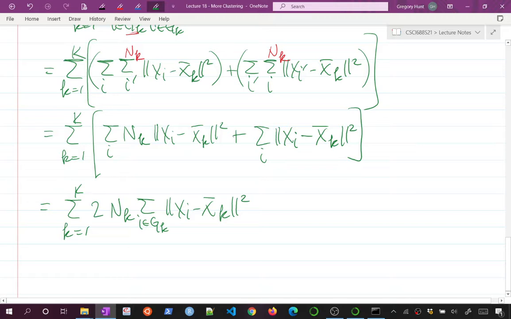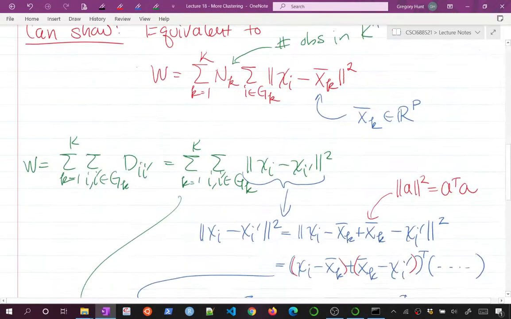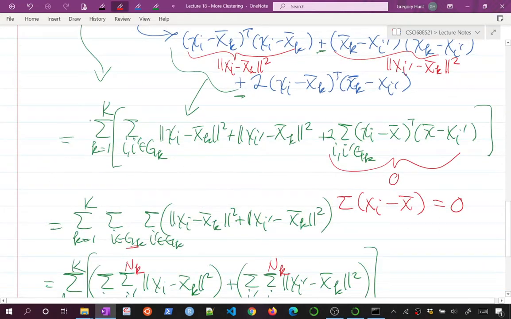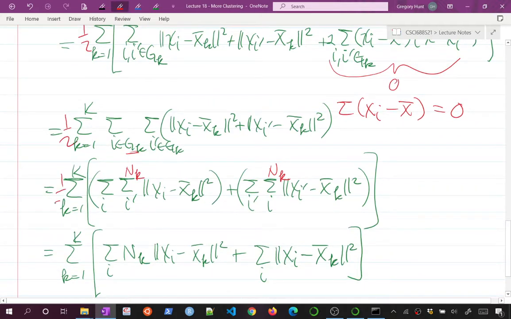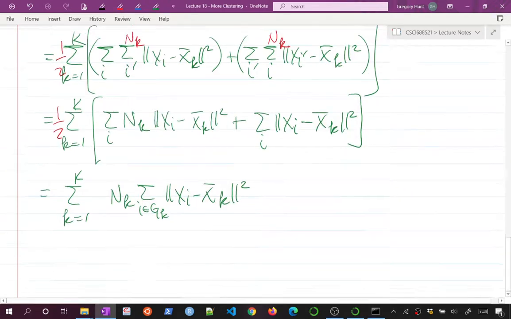And of course, we have this 2 floating around, so you wonder why you might want to divide W by 2. If I properly were to put a 1/2 out front here, I'll carry around this 1/2, carry around this 1/2, and then at the very end, of course, that will cancel with my 2, and I'll get exactly what I claimed.